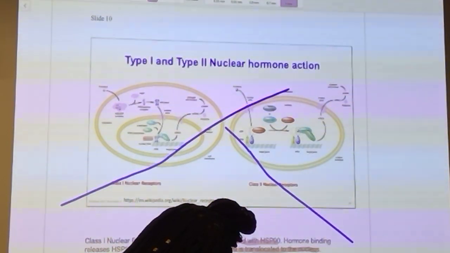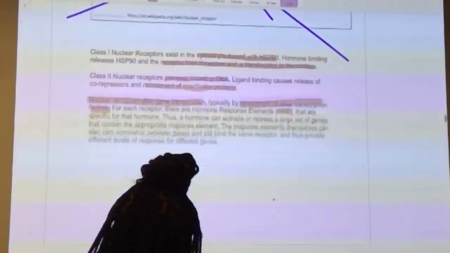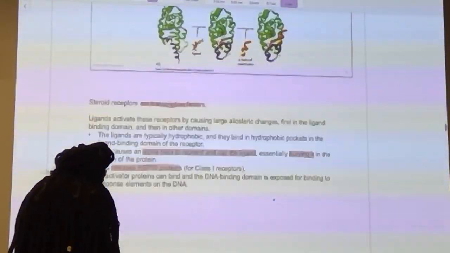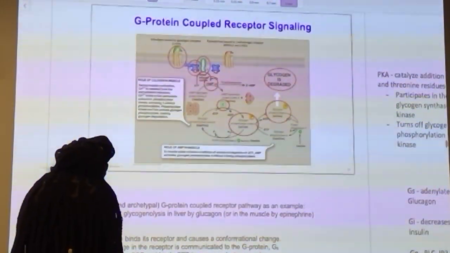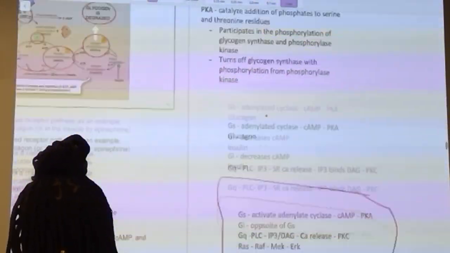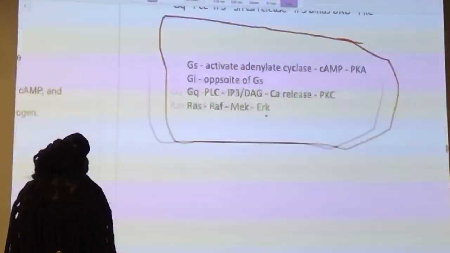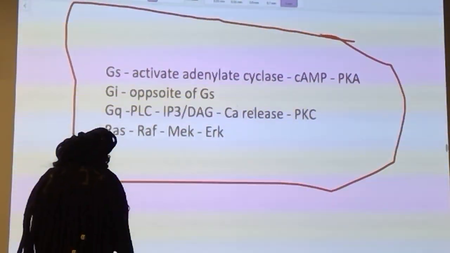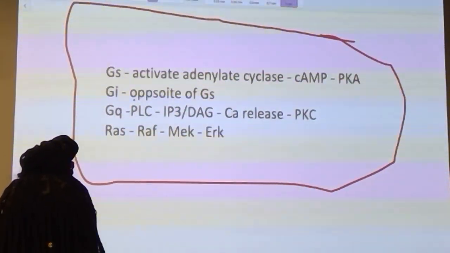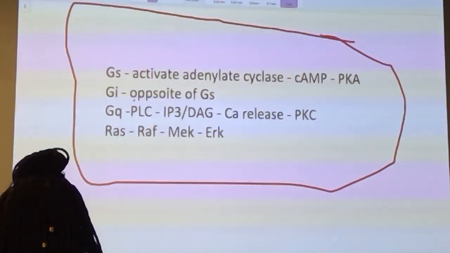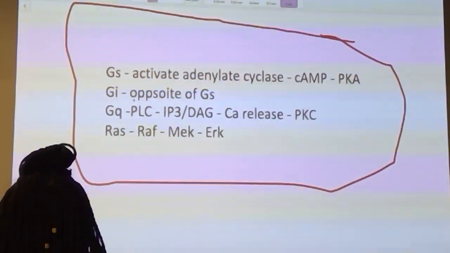Don't worry about this. If you don't already know the pathways for the G proteins, so Gs, yeah, just take a picture.